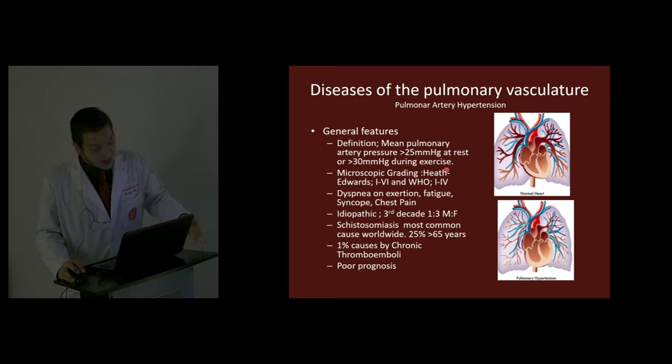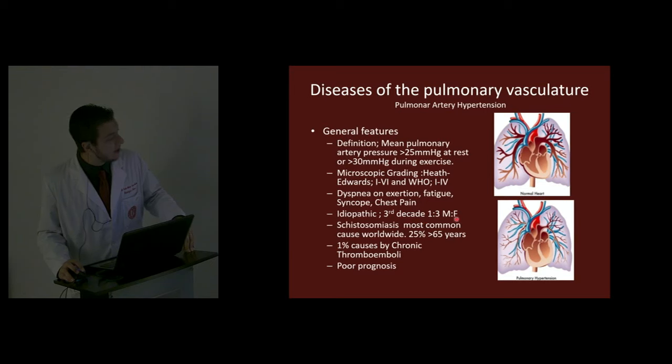it is considered pulmonary hypertension, or 30 if it's during exercise. Pathologically, it is divided by the pathologist depending on some stages, and it is characterized by dyspnea on exertion, fatigue, syncope, or chest pain. The idiopathic form is more common in the third decade of life.